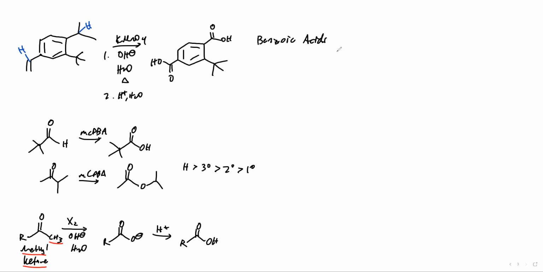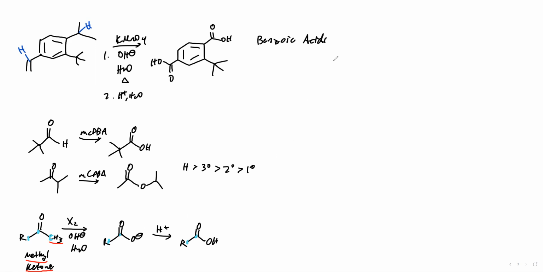So this is a significant reaction. It allows us to oxidize the normally elusive methyl ketone, right? Normally we think ketones are unoxidizable, like you can't go past a ketone. Well, turns out as long as it's a methyl ketone, we can, and we can make carboxylic acids from them. Now, one thing I want you guys to note here is that we start off with 3 carbons, and we end off with 2 carbons.